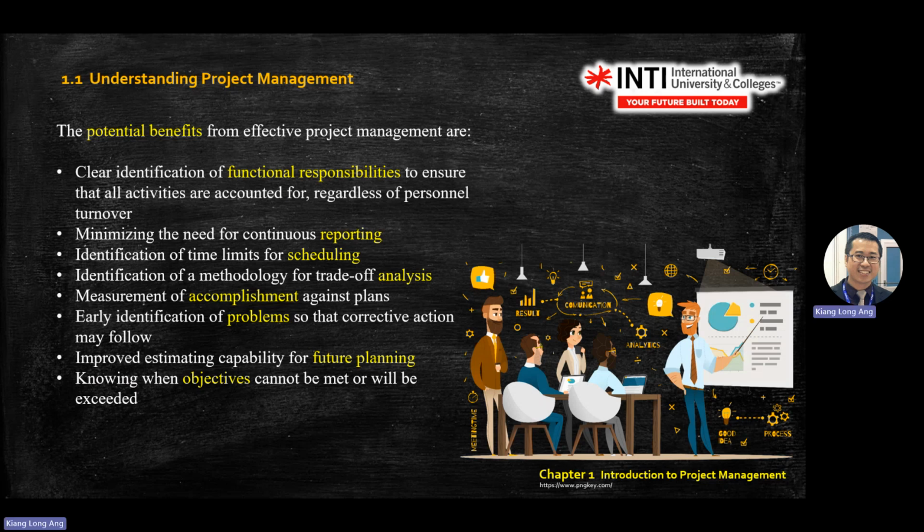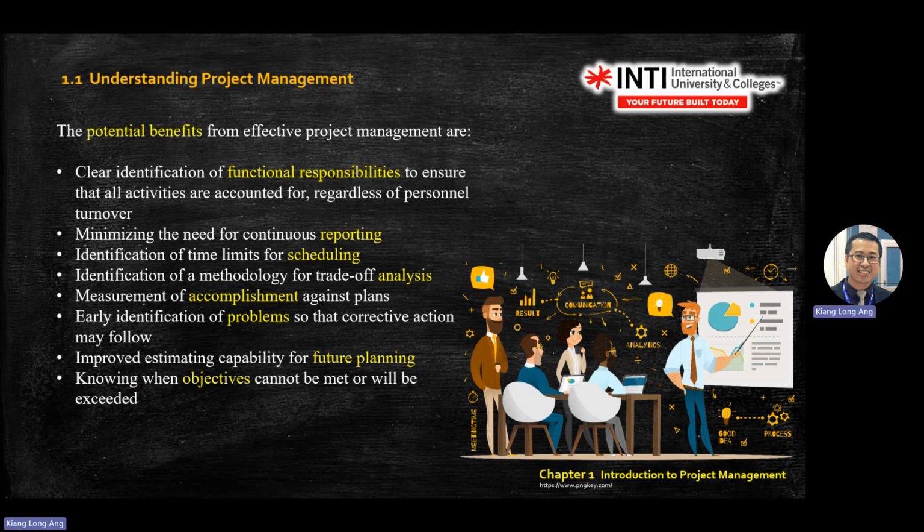Then early identification of problems. This one is also important because when you have effective project management, you're able to identify problems early, as there's a checklist for you. When your design team or R&D team follow the flow chart, they will tell you, oh, the time that you told the customer is actually a bit optimistic, so you need to tell the customer you might not be able to deliver on time.